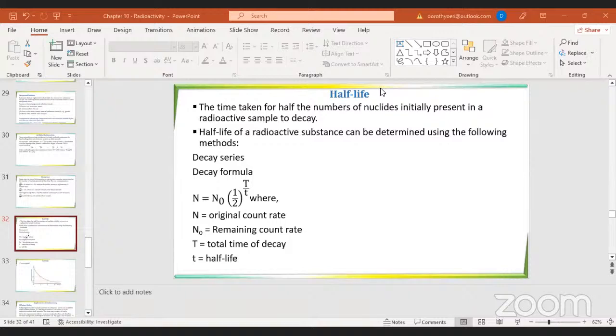I repeat, radon has a half-life of 4 days. A sample of radon has a mass of 40 grams. What mass of the sample will have decayed after 16 days?